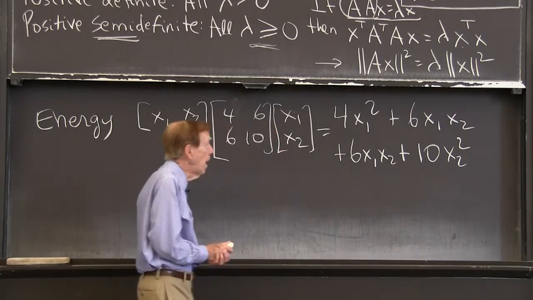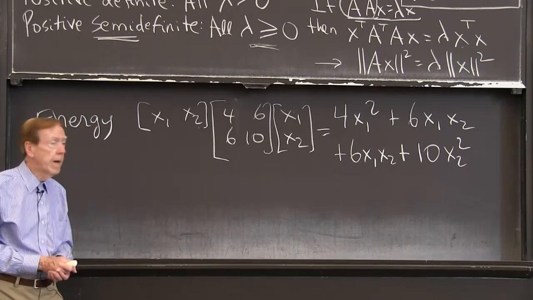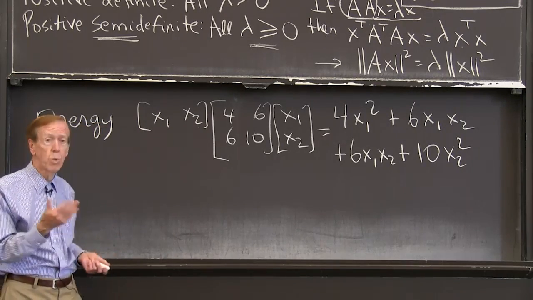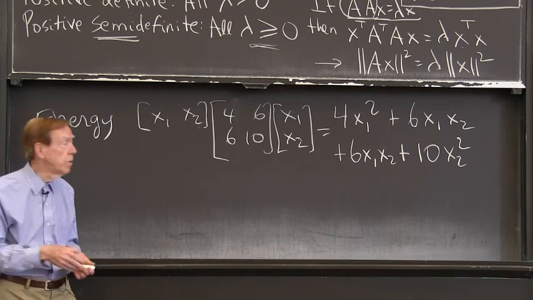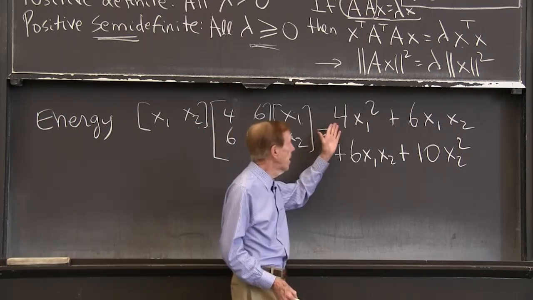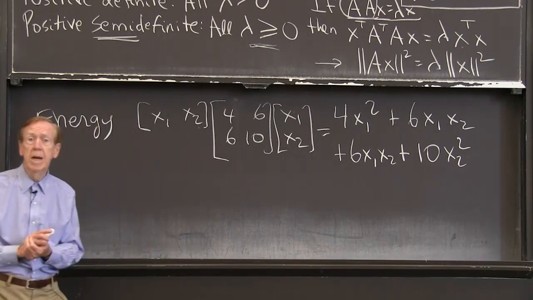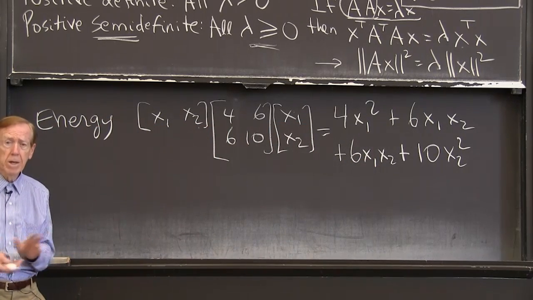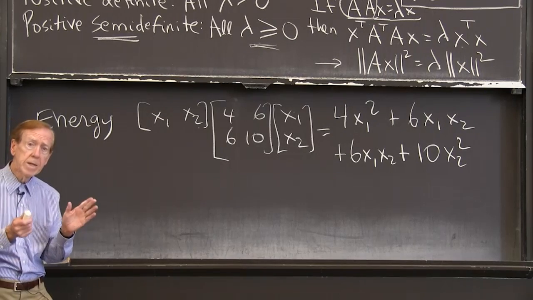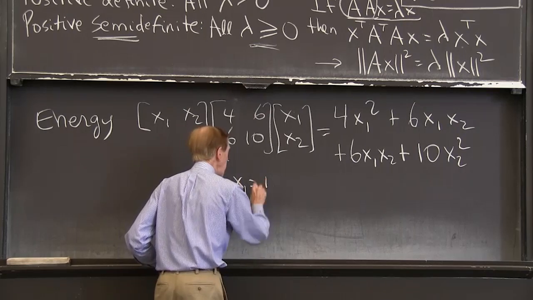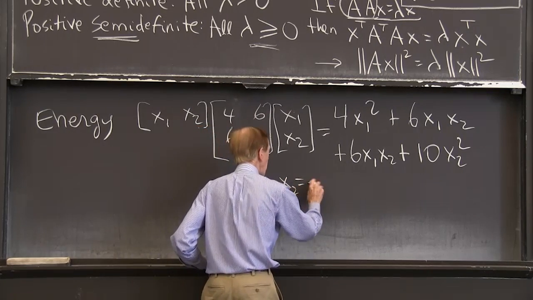Okay, so that's a number for every x1 and x2. Suppose x1 is 1 and x2 is 1, then the number I get is 4 plus 6 plus 6 plus 10. That's 26. It's positive. What if x1 is 1? Let me try this. x1 is 1 and x2 is minus 1.